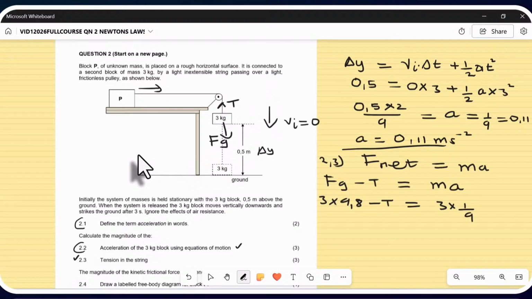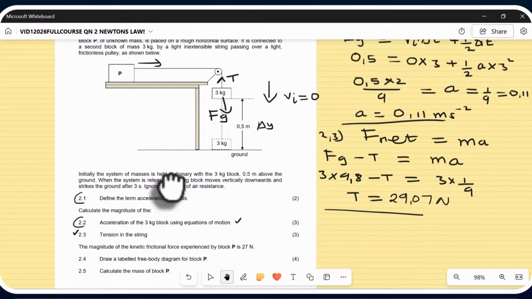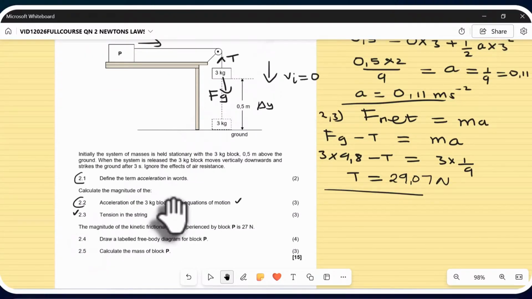We have the frictional force opposing the motion, and we have the tension forward. Then we have the normal force and the weight. Because I want a free body, I'm going to represent it by putting a big dot.